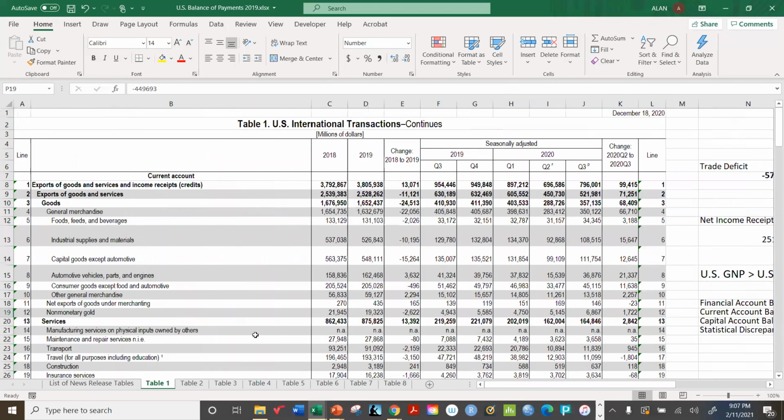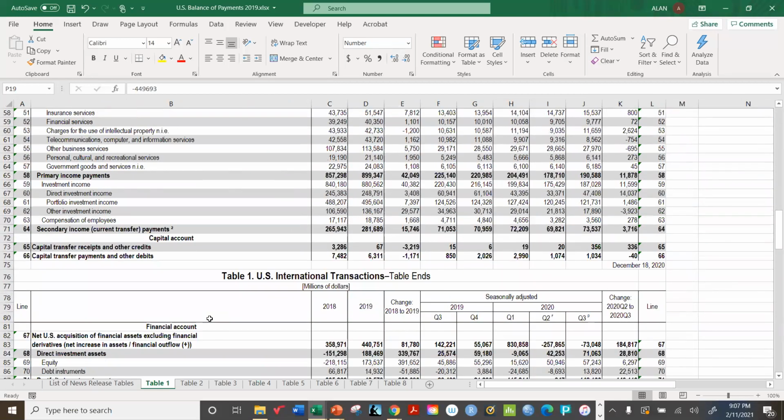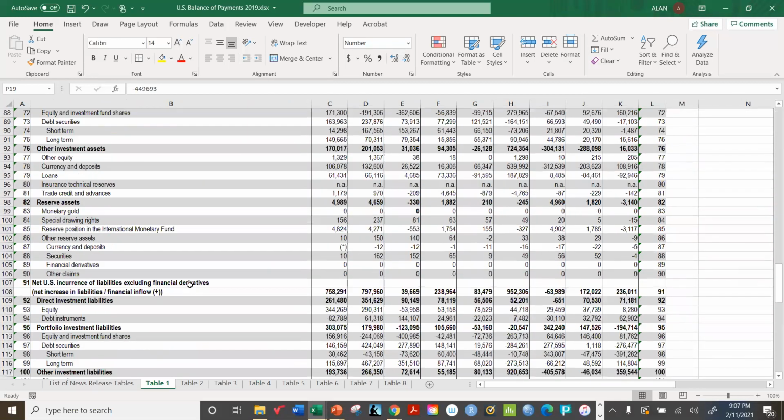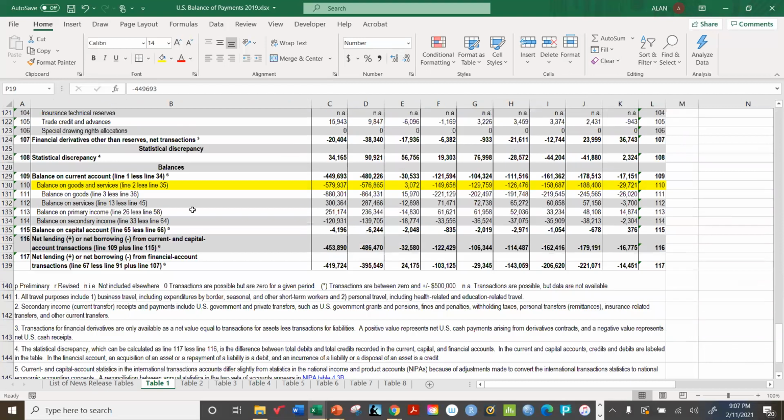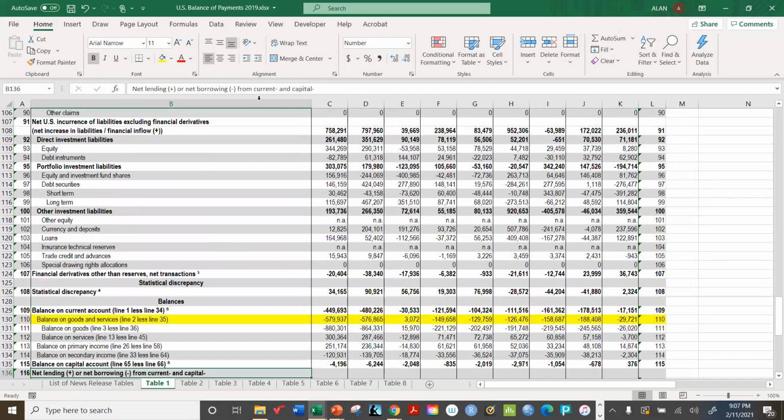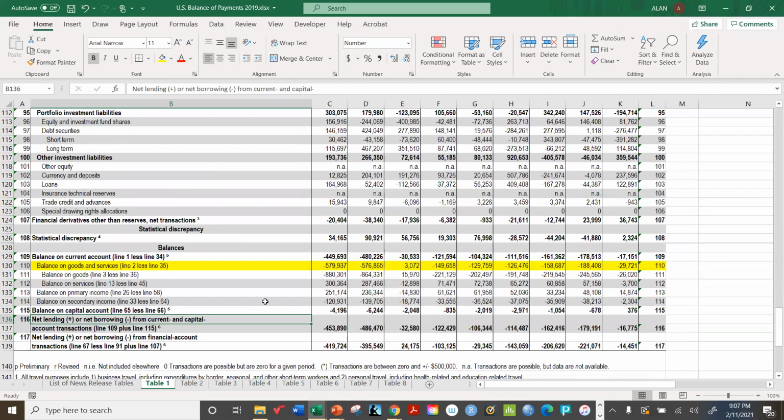Now, for the current account balance, how they calculated that, they are saying that we should have taken line 109, balance on the current account, but then we should have added back in the balance in the capital account.